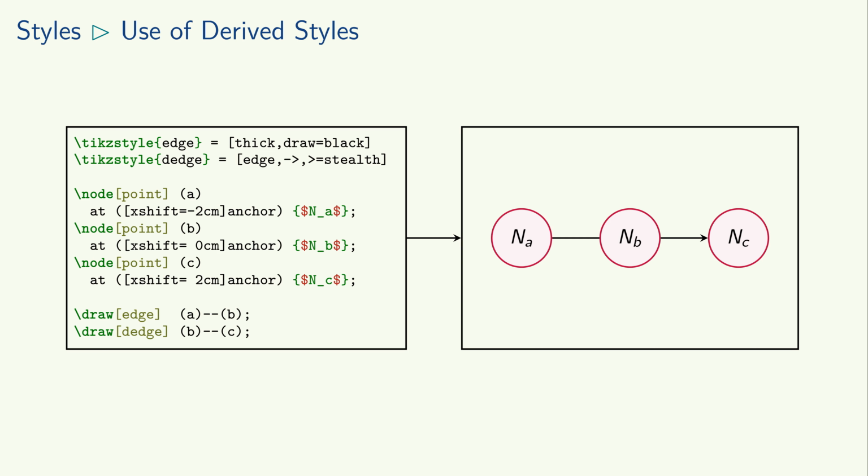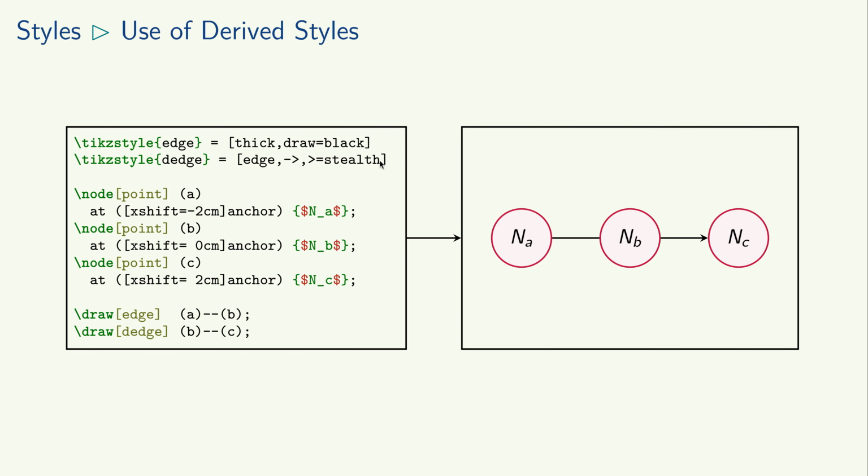We can use derived styles, and that was the first rule that we just saw. Here I define an edge as something that is thick and is drawn in black. I have a directed edge that takes all the rules from edge and builds on those rules. Essentially, you take those rules that are up here, copy paste them in there, and continue adding rules, and create an arrowhead at the destination.